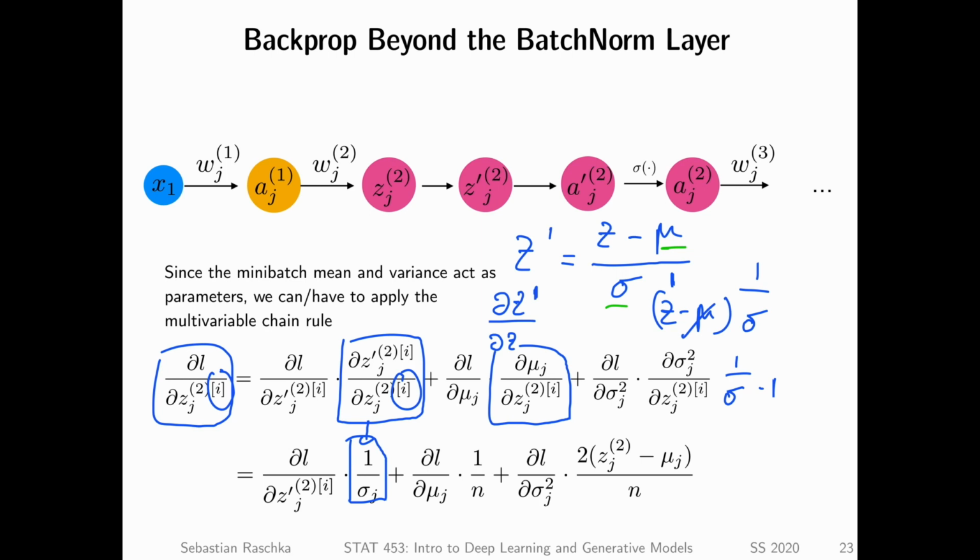This one is the derivative of the mean with respect to z. Again, we are only looking at one example here. The mean is computed over the mini batch, so we have this, and then all the z_i's. But I'm only looking at one single example here, so there is no sum.